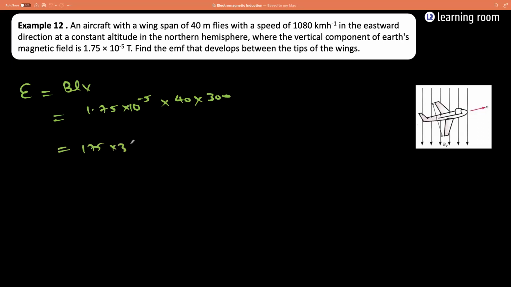So 175 into 3 into 10 power minus 5 into 40. So 175 into 3 into 10 power minus 4 into 4.